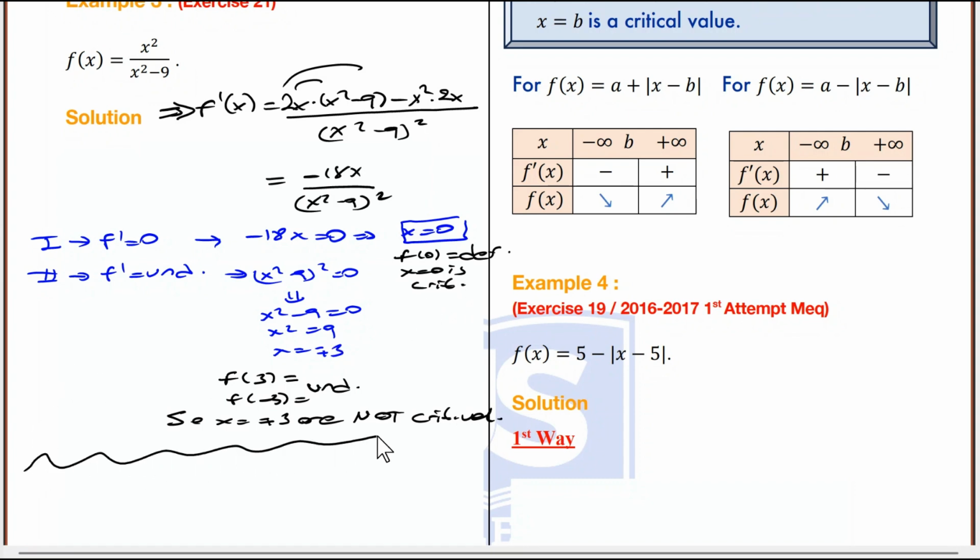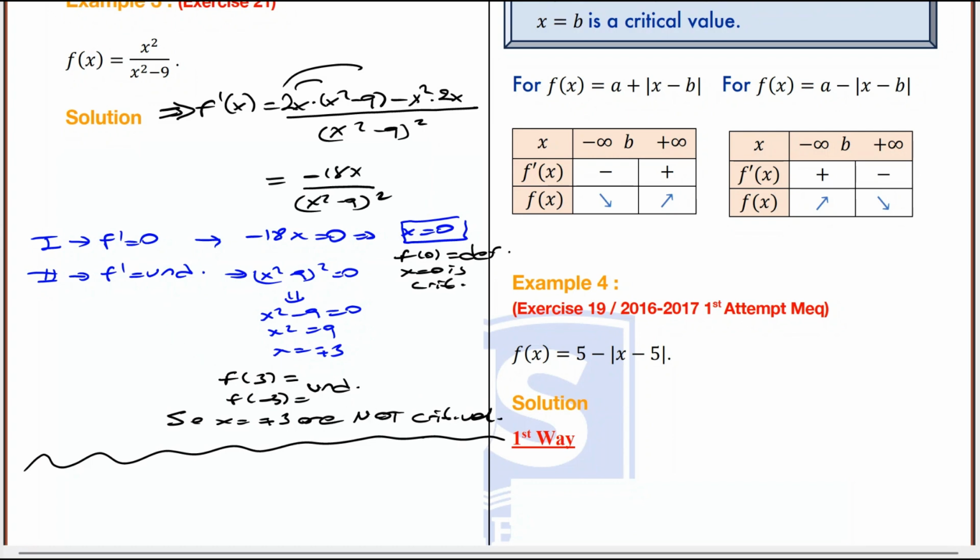So remember from the previous question, whether the values that we found are critical values or not, we have to use all of the numbers on the table of variations to determine the sign of each region. Okay, using 0 only is not enough. We have to use all of them to make a table.